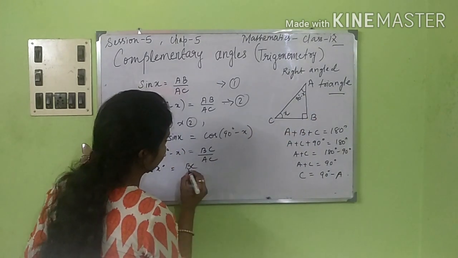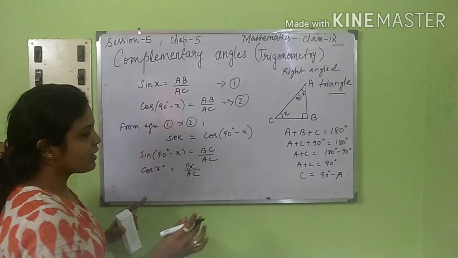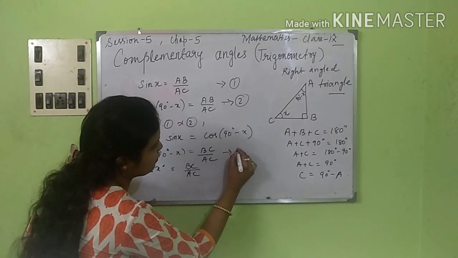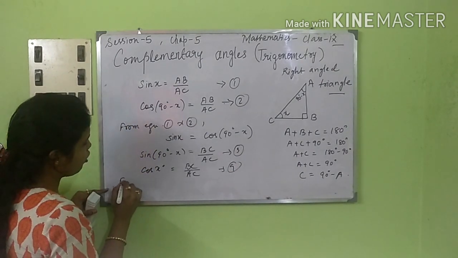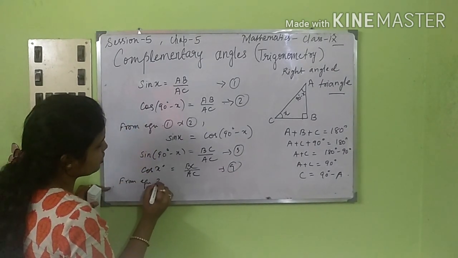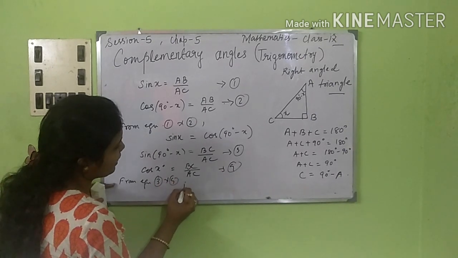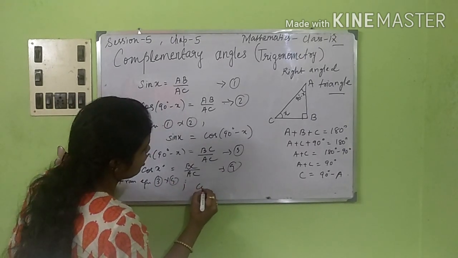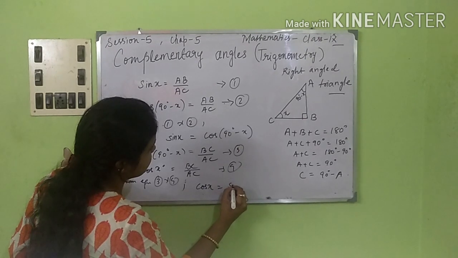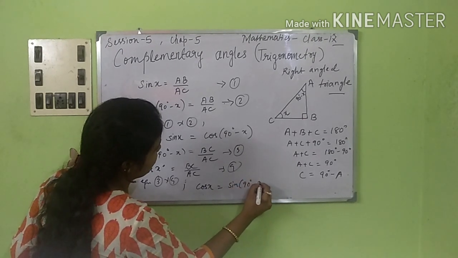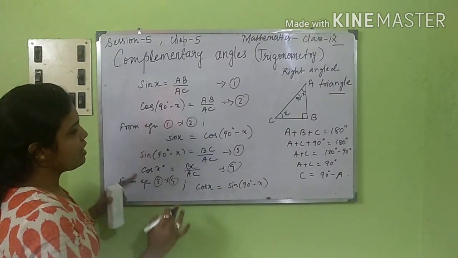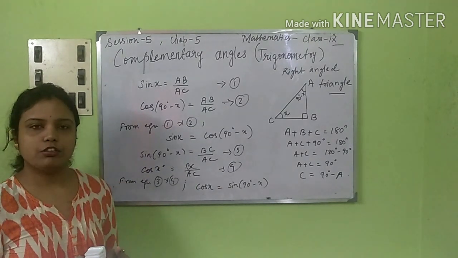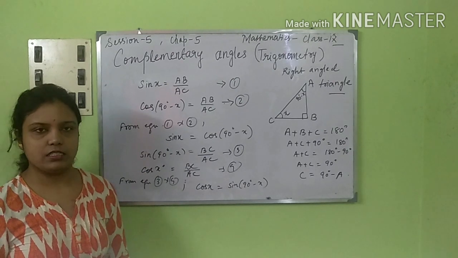Base by hypotenuse is here AC. Again you can see these two equations are same. Let me consider this as 3 and this as 4. So from equation 3 and 4 we are getting what? We are getting cos x equal to sine 90 degree minus x. Okay, so these two are the particular ratios of complementary angles.